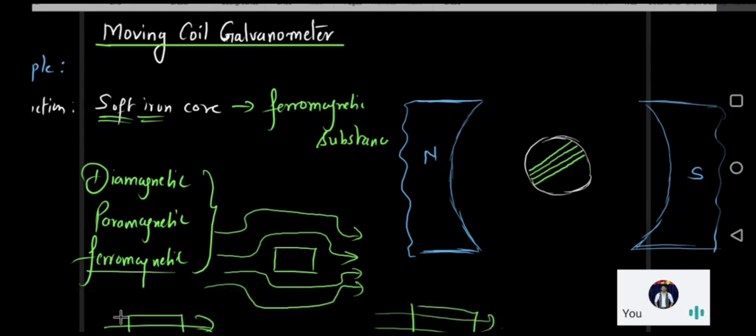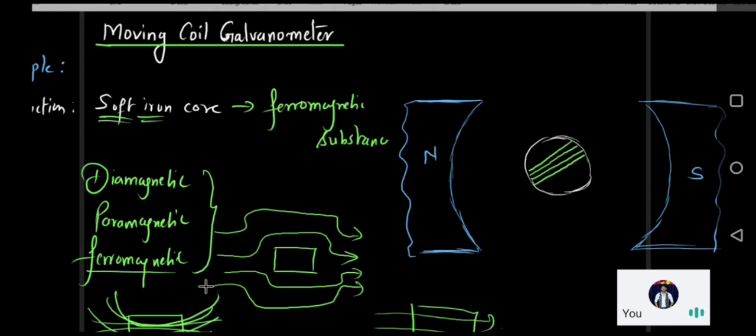Ferromagnetic material will allow even the side magnetic field, which was going from outside, to be concentrated inside. So the ferromagnetic materials allow the magnetic field to pass through them, and such materials are called ferromagnetic materials.